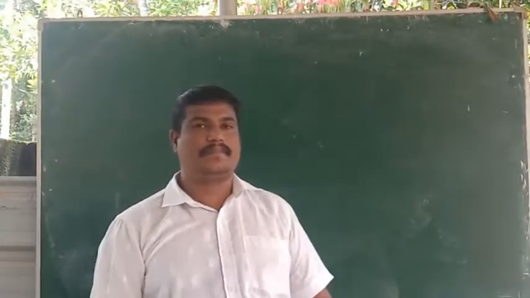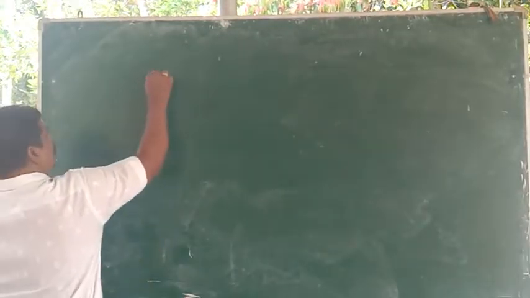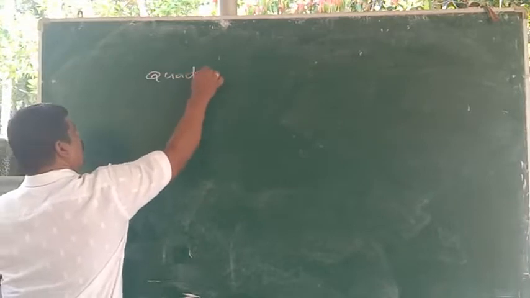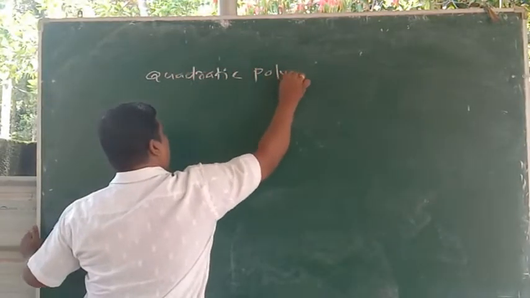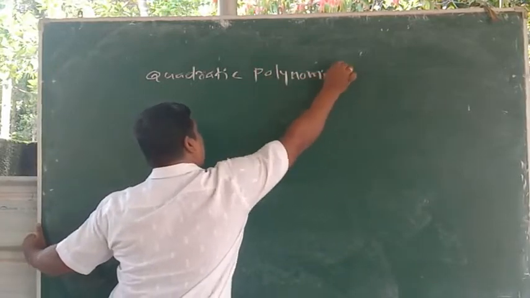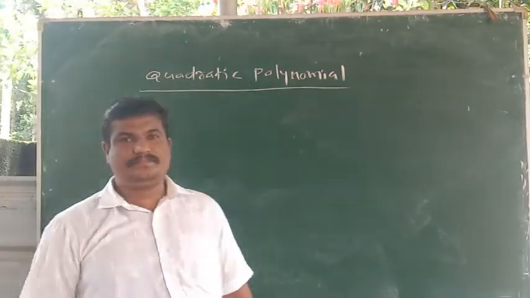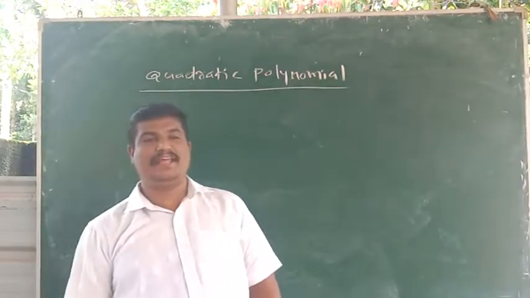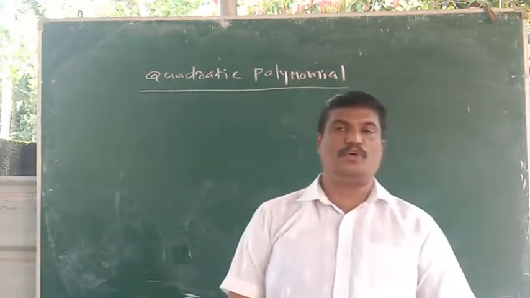Next, quadratic polynomial. What is a quadratic polynomial? A polynomial of degree 1 is called a linear polynomial.